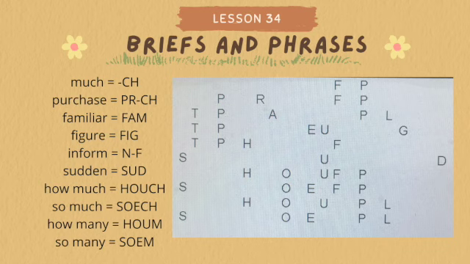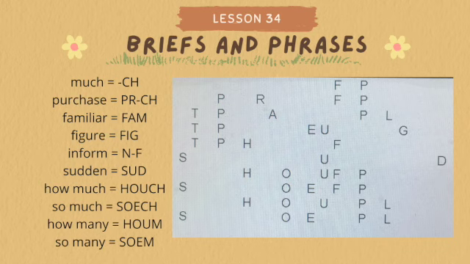We have much. Much is represented by final CH or the final FP. Then we have purchase, initial PR, final CH. We have familiar, initial F, vowel A, final M. Then figure, initial F, vowel I, final G. We also have inform, initial N, final F. Sudden, initial S, vowel U, final D. How much, initial H, diphthong ow, final CH.